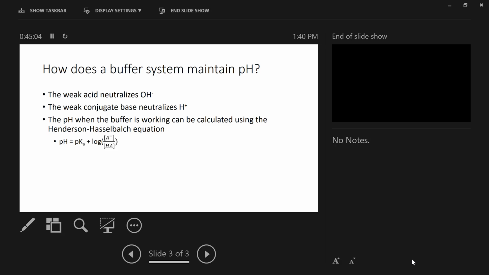Okay. Any questions? Yeah, Micah. I've just got a question from the lesson 20 worksheet. I couldn't remember how to do this one problem, number 14. It says if OH minus equals 1.0 times 10 to the negative 4, then the hydrogen equals blank.